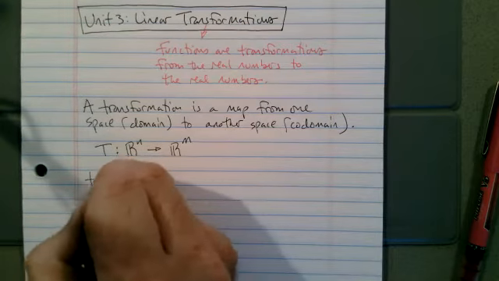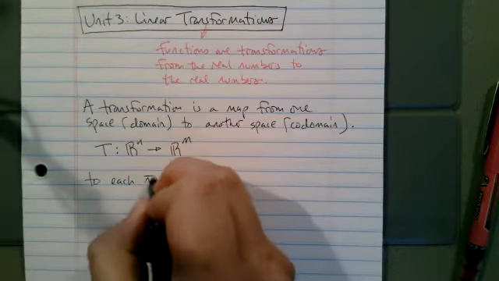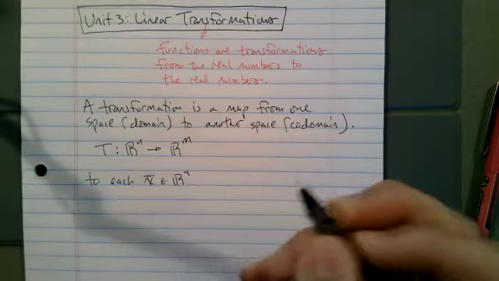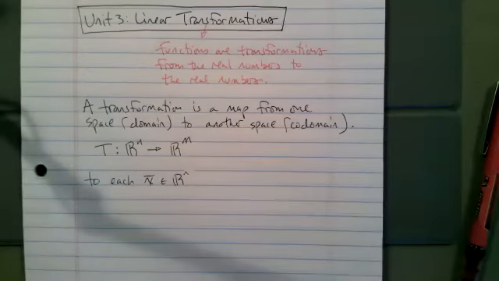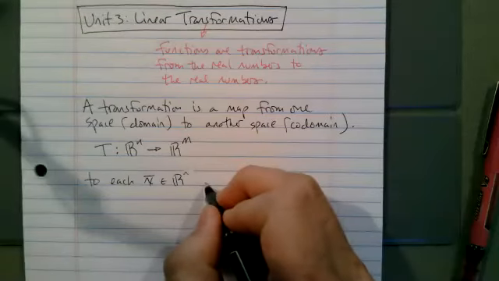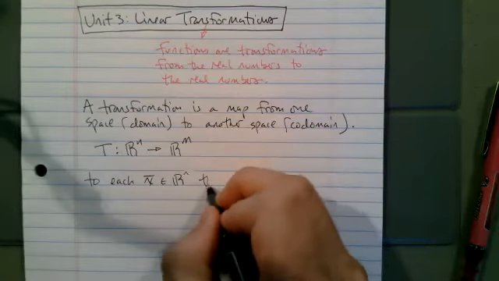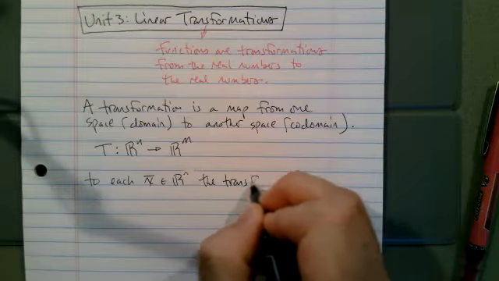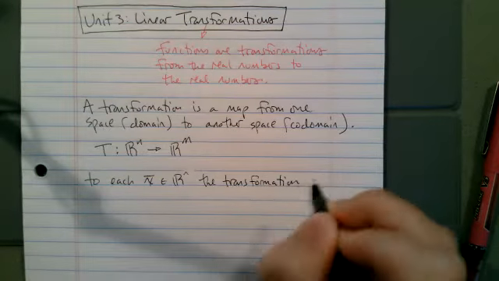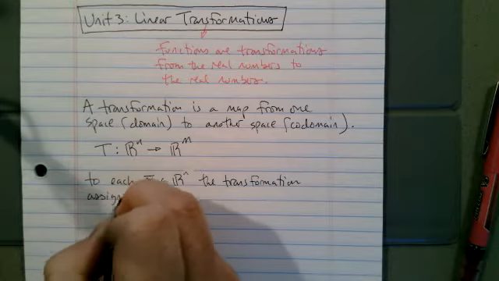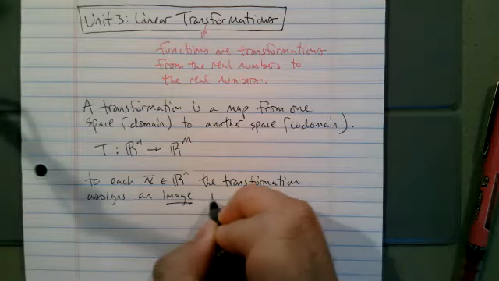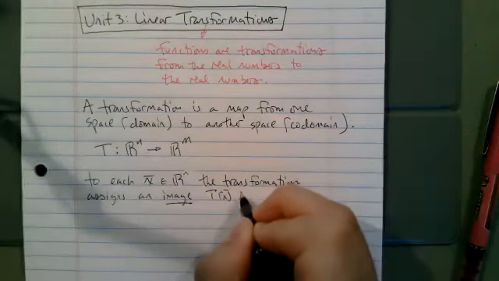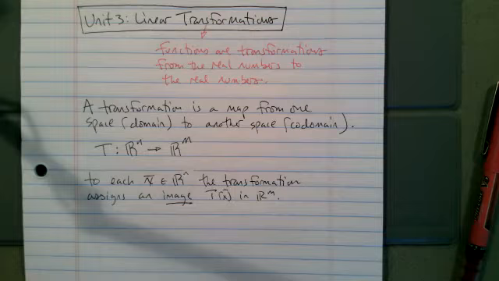To each x in Rn, that is, to each element of the domain, the transformation assigns an image T of x in Rm.